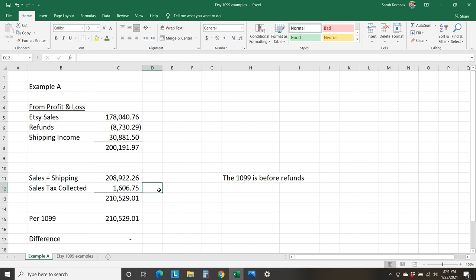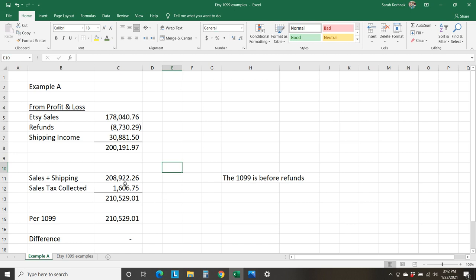Some of the Marketplace Facilitator tax laws were adopted mid-year, so you may have some small amount this year for sales tax that Etsy collected and remitted to you. This is only sales tax they remitted to you. But eventually down the line, this number will probably be 0 for most people. If not now, then in the future.